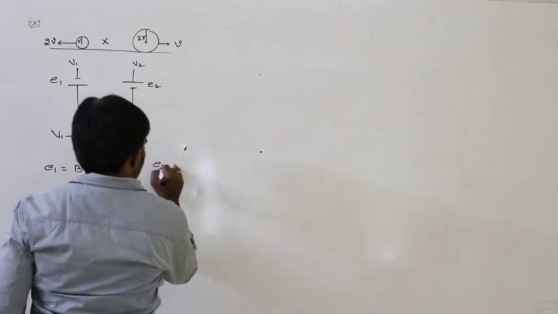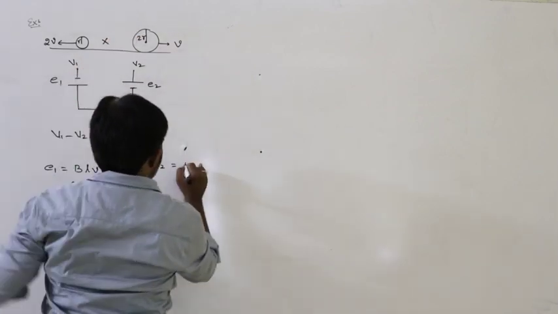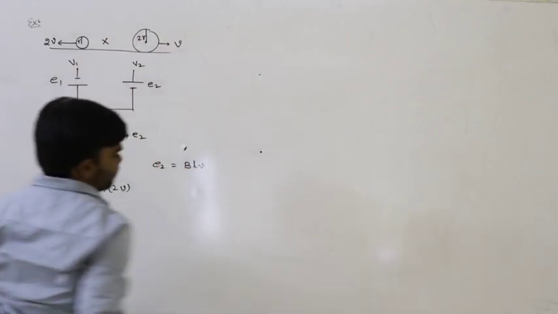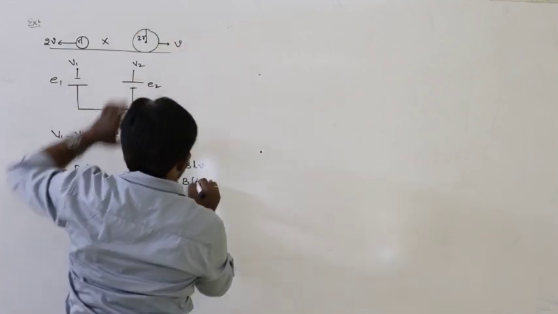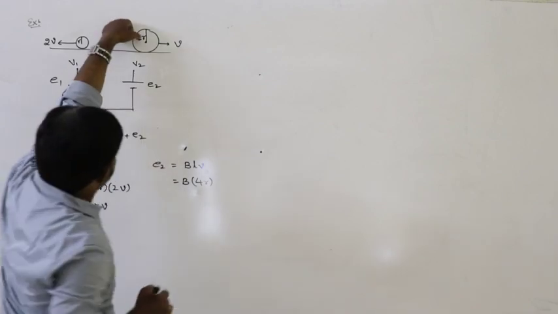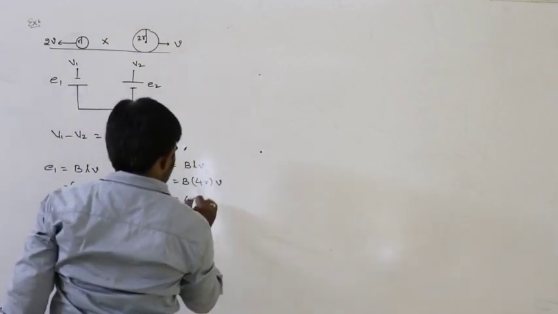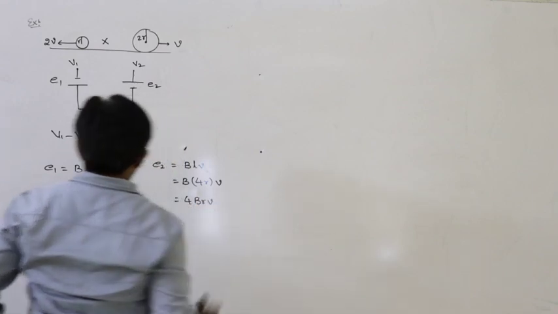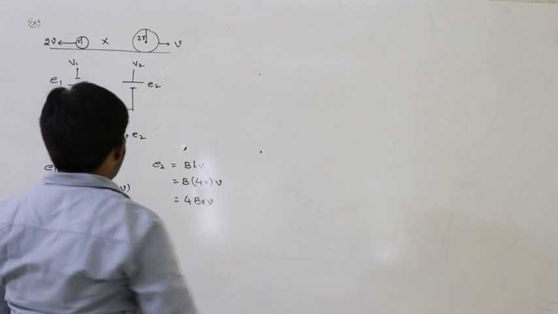In the same way, E2 also uses the formula BLV for induced EMF. Here L is 4r, because the radius is 2r, so the diameter is 4r. So E2 is also 4BRV.